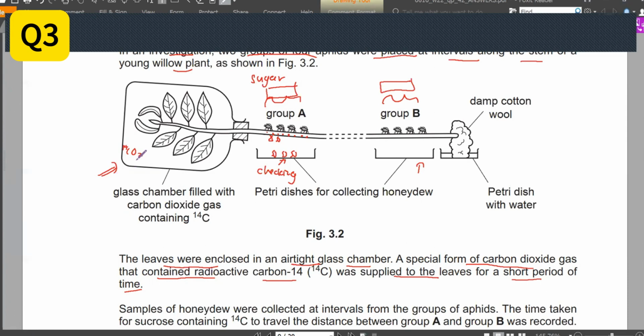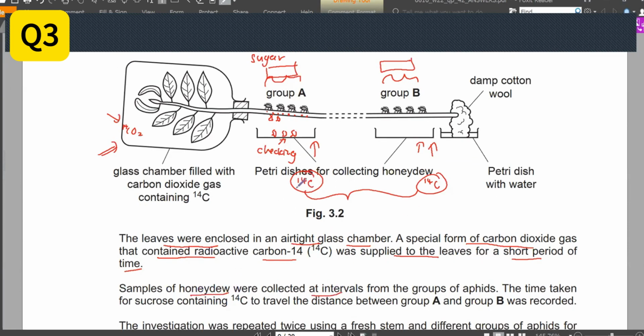This is quite useful because carbon-14 is radioactive, so it can decay, which means we can detect it and see how much there is at each location. Divided by the time, we can work out how fast the sugar is traveling.